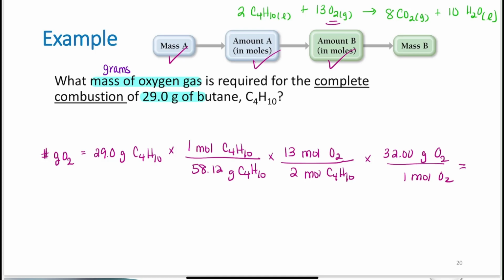Go ahead and make sure that everything is set up correctly and everything is going to cancel out correctly. What I mean by that is grams of C4H10 cancels with grams of C4H10. Moles of C4H10 cancels with moles of C4H10. Moles of O2 cancels with moles of O2, and I am given grams of O2. So I am getting to the point I want to be at. Next, go ahead and plug this in your calculator.